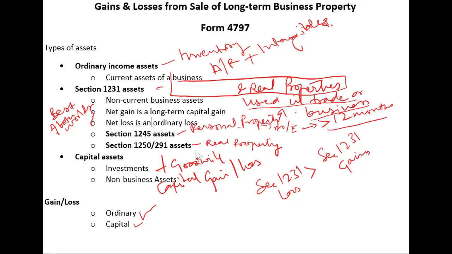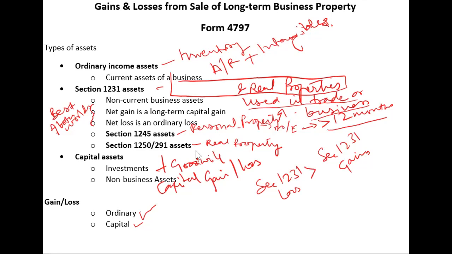So after a sale, we first identify the accumulated depreciation, then identify the gain realized, and compare the two. Whatever is lesser is known as the recaptured accumulated depreciation, considered as section 1245 gain, and treated as ordinary gain instead of section 1231 capital gain.